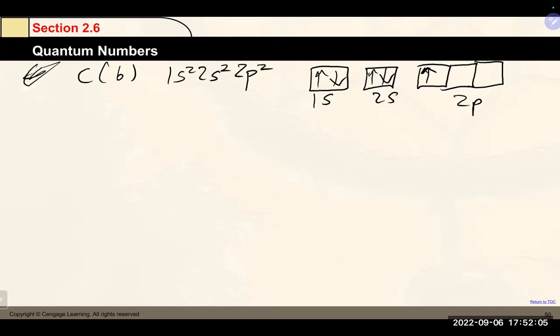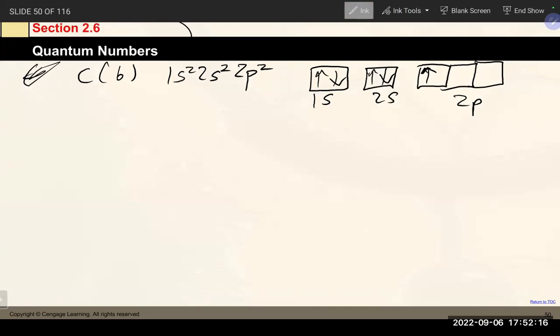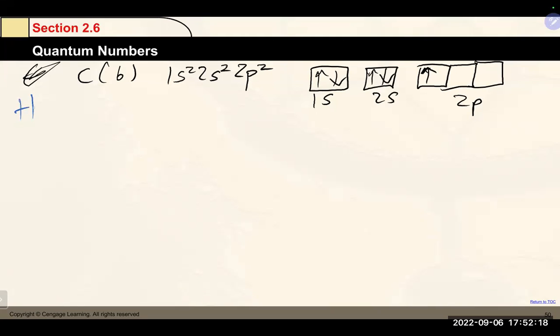Now, there's another important rule that happens when we get into a subshell where there are multiple orbitals, and that is what is referred to in common circles as Hund's rule.